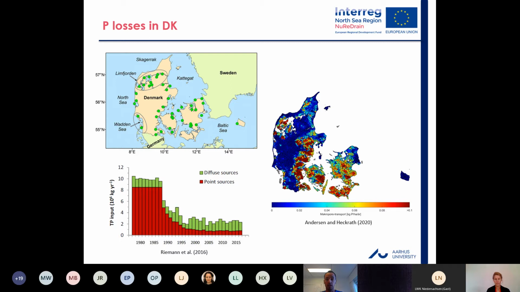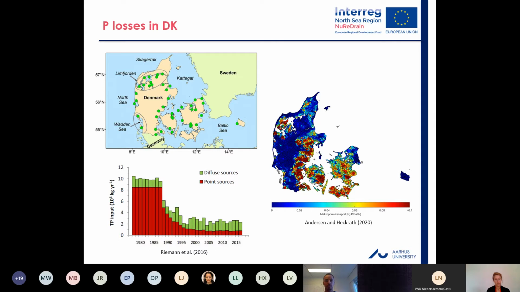Therefore, the government since 1985 started implementing some mitigation measures, and this has resulted in a great reduction of the point sources, which you can see in the graph. And this reduction was up to 90%. However, there was no big effect on the diffuse sources. Thus, there was a problem to be solved.